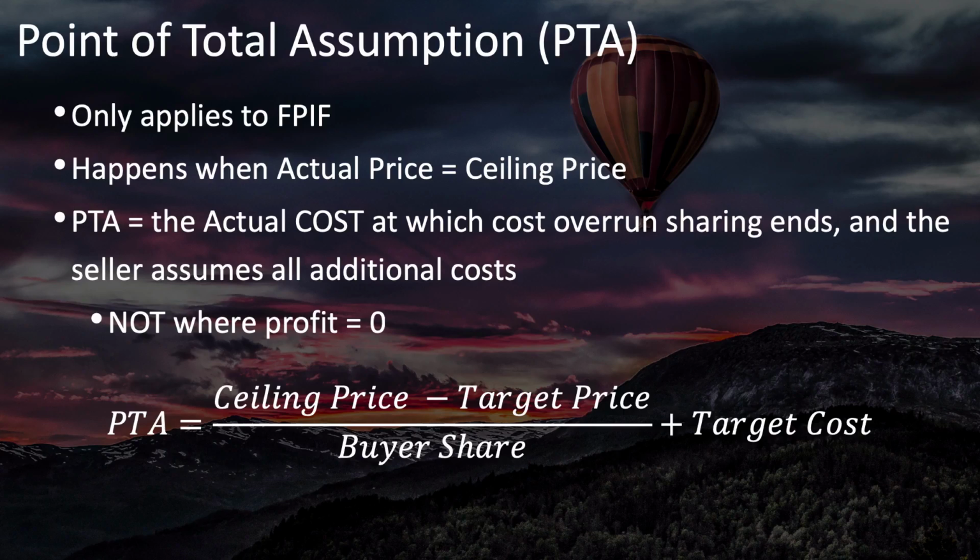Now that you understand the concepts, here's the formula for calculating it. You may have to memorize this one, but understanding how it works will help you to remember it, or even to recreate it. But first, let's go through an example.